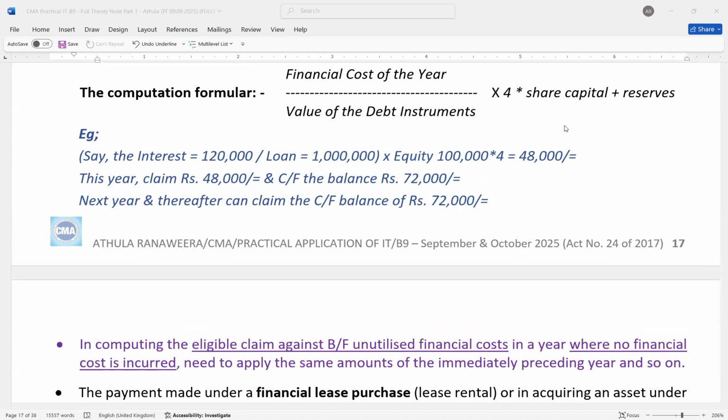Now, suppose next year the possible claim is only 60,000 rupees. Then out of this 72,000, you can claim only 60,000. The balance 12,000 you have to carry forward. Not only this 12,000, but also that year's interest cost plus 12,000 we have to carry forward to the next year.